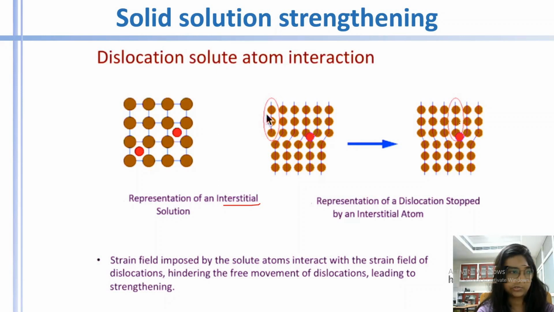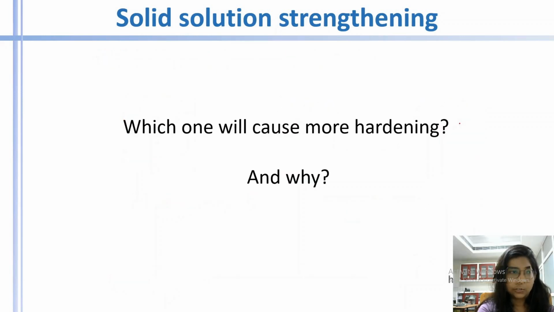If we compare interstitials versus substitutionals, which one will cause more hardening, and what is the reason for that?